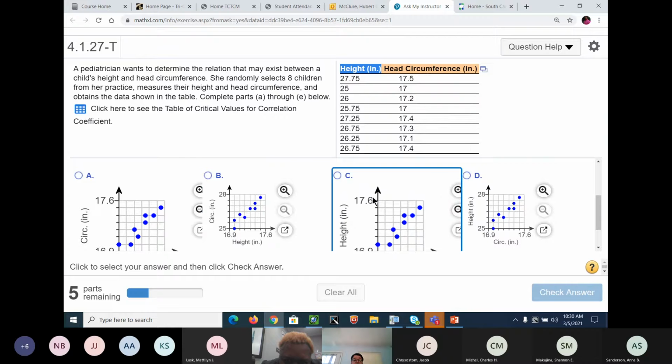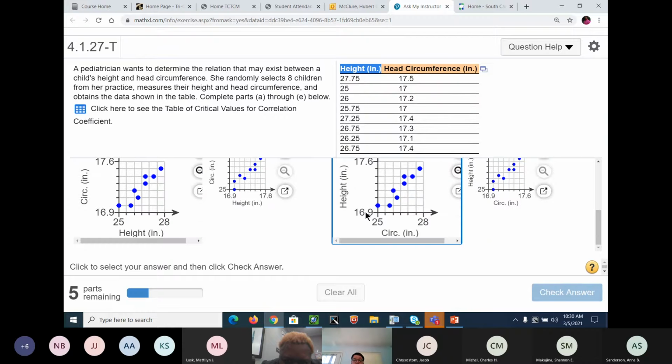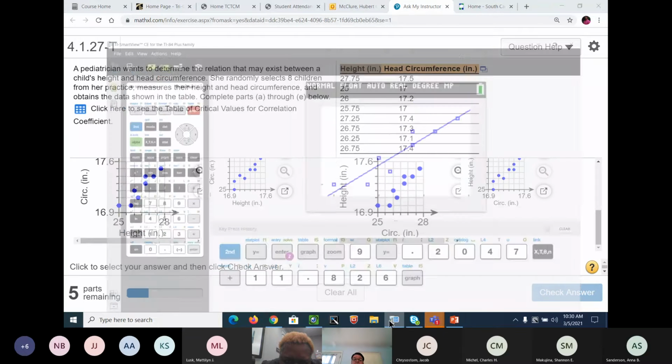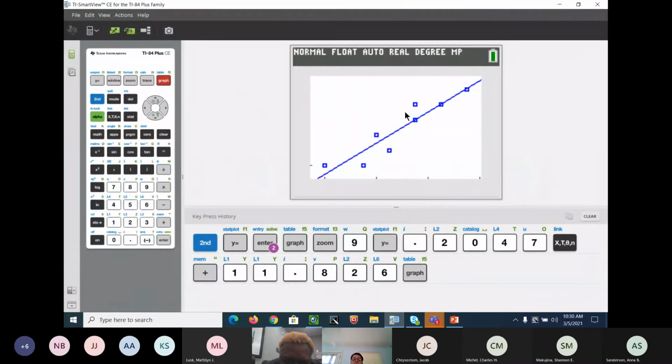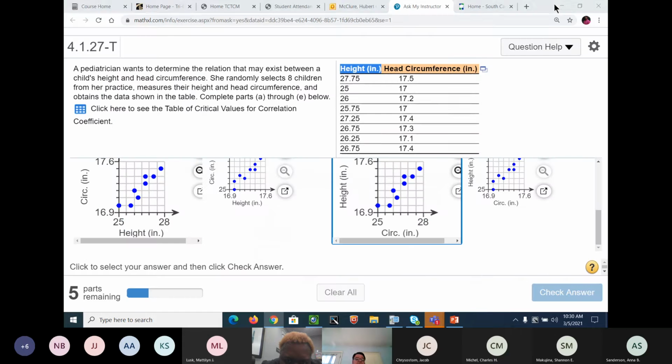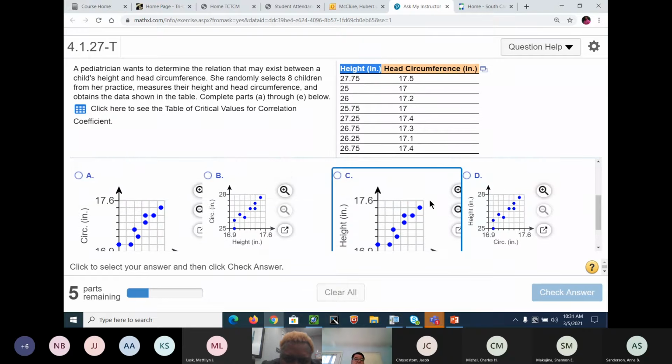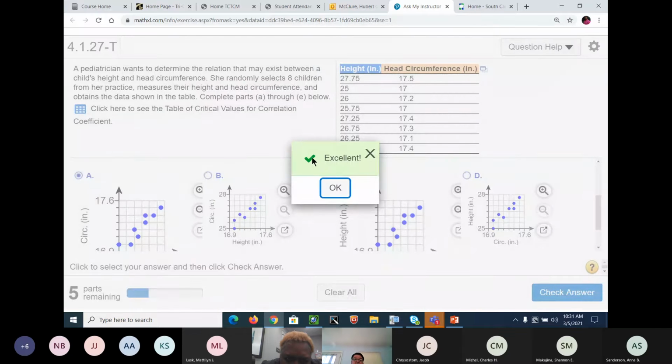Let me go look at the other points. 3 on top, 2 on bottom. Is it A? We'll just see. If it's not A, there you go.